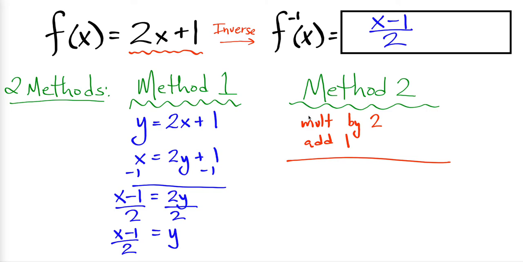So the first step of the inverse is to subtract 1. The second step of the inverse would be to divide by 2. So the inverse is inverted operations, inverted order. And the way I would write subtract 1 and then divide by 2 is exactly what's written in the box up top.